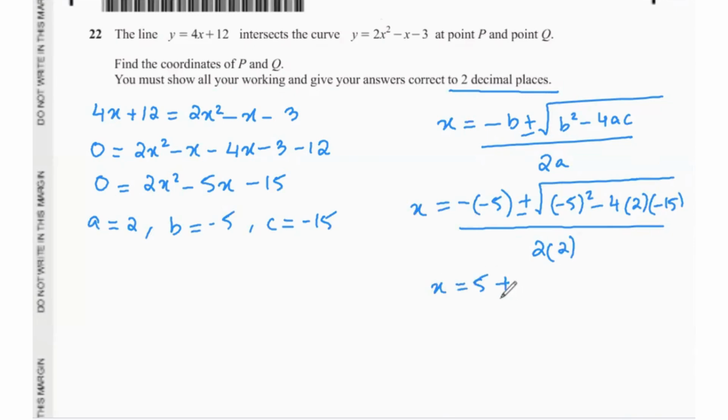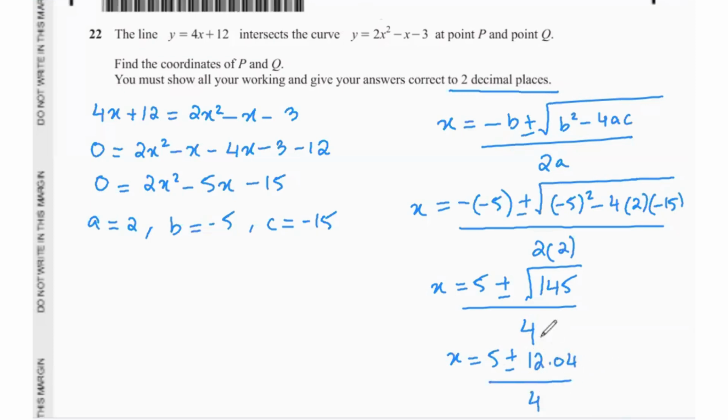That's 5 plus minus square root of 145 over 4. The square root of 145 is 12.04. So 5 plus minus 12.04 over 4.